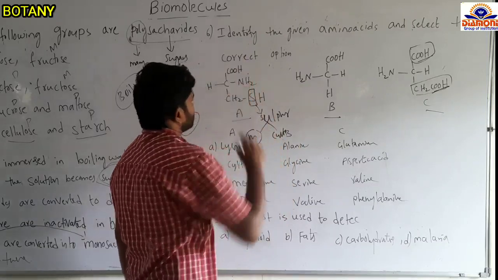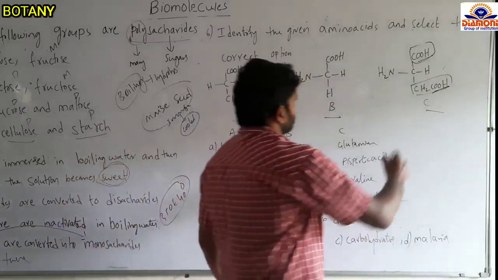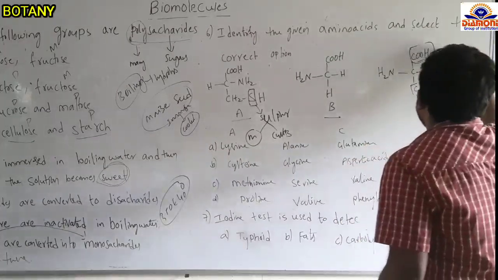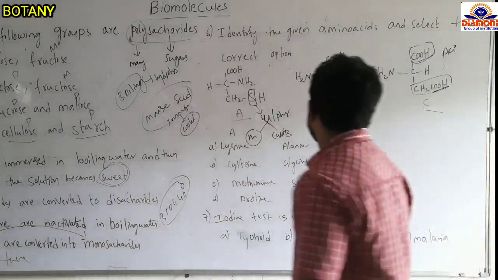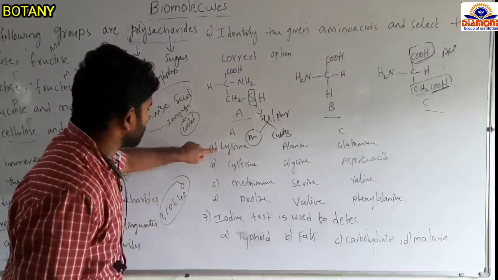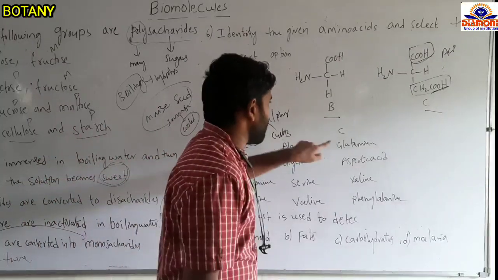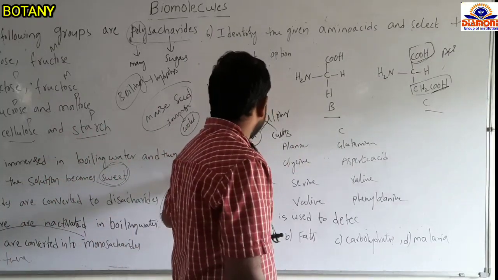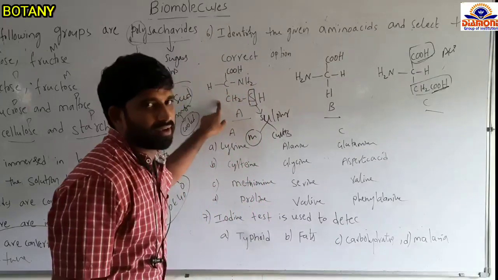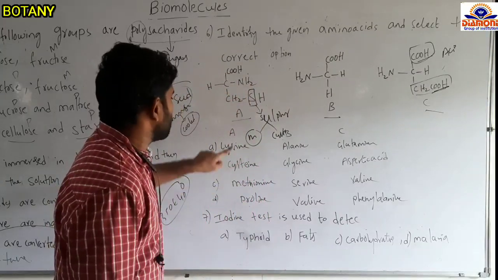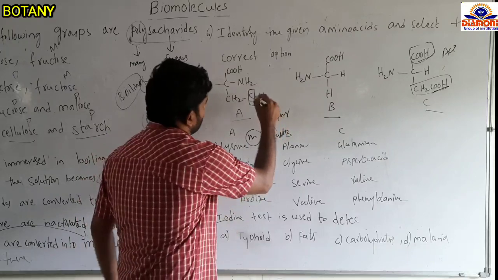So one option is cysteine and another is an acidic amino acid. Based on the options, option A is lysine, alanine and glutamine. Lysine is not a sulfur-containing amino acid. Cysteine is a sulfur-containing amino acid.